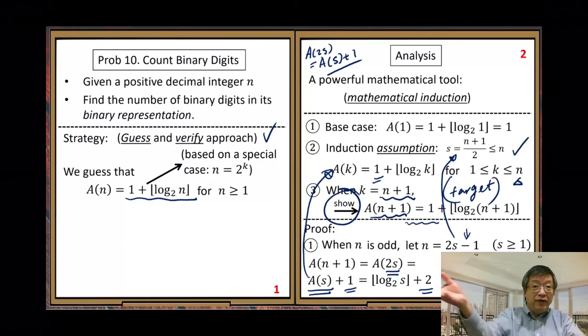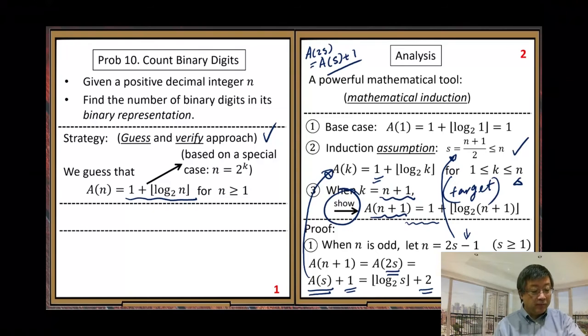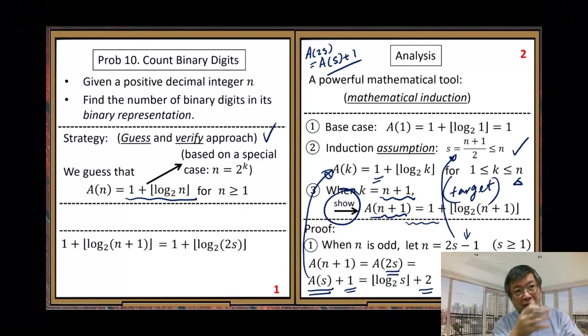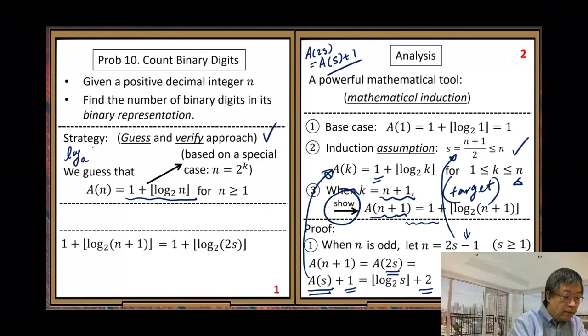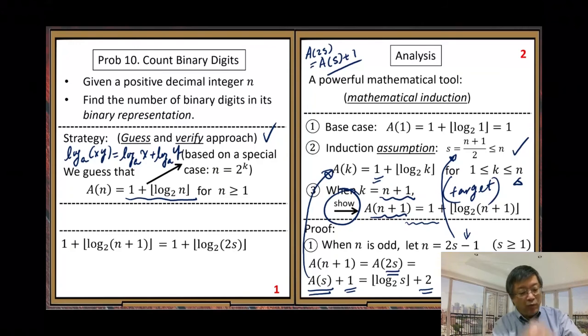Let us leave it there. Right-hand side: we start from this expression, then replace n by 2s minus 1, so we get this. Then log base 2 of 2s. Do you still remember a formula? Let me write it: log base a of x times y equals log base a of x plus log base a of y.